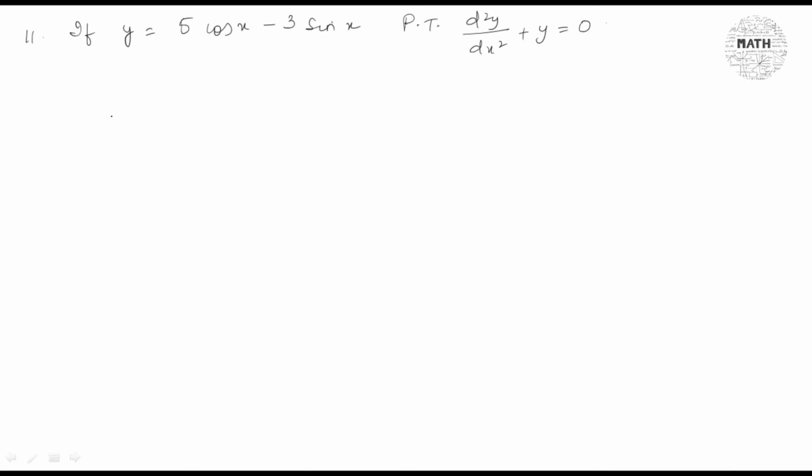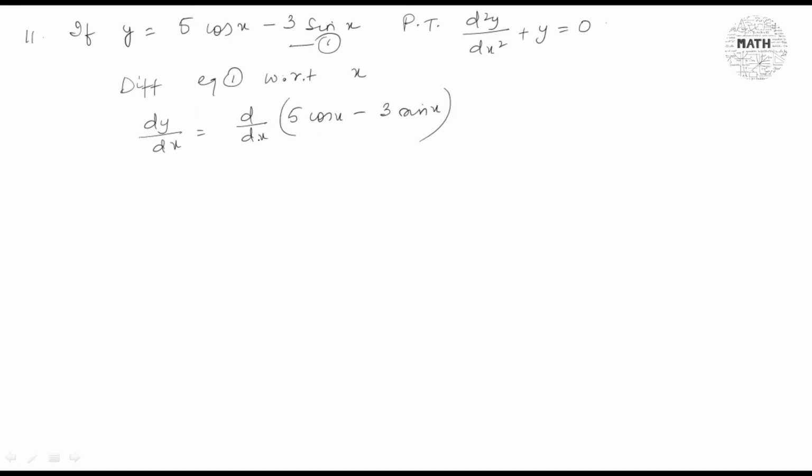All right, so let me give equation number 1. If I differentiate equation number 1 with respect to x, I'll get here nothing more than dy by dx is equal to d by dx of 5 cos x minus 3 sin x in bracket.